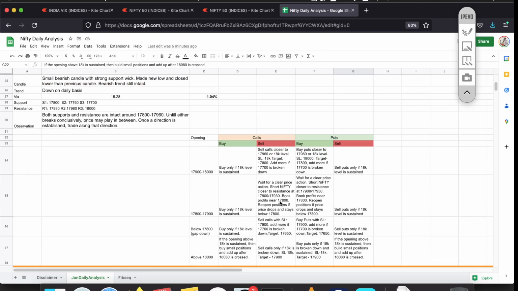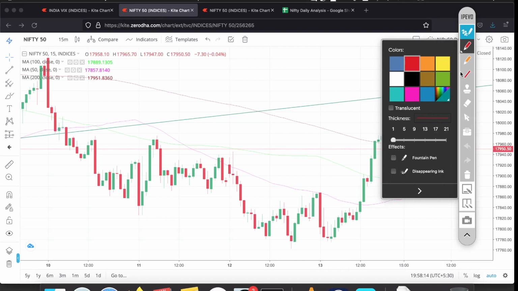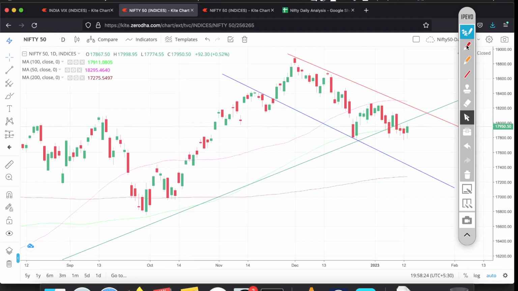I did not mention going long at 17,800 because, looking at the previous two sessions, on the 11th and 12th, when Nifty was sold off and found lows, the rebound from those lows was not high enough to justify taking long positions.